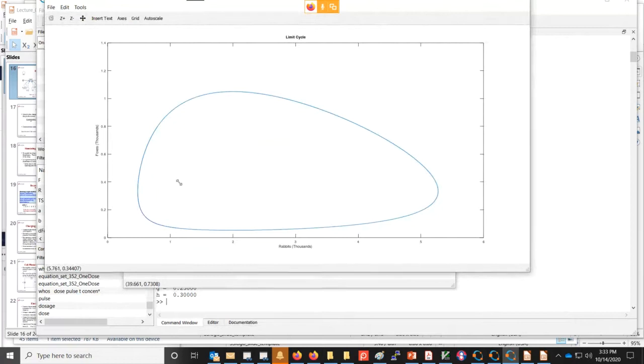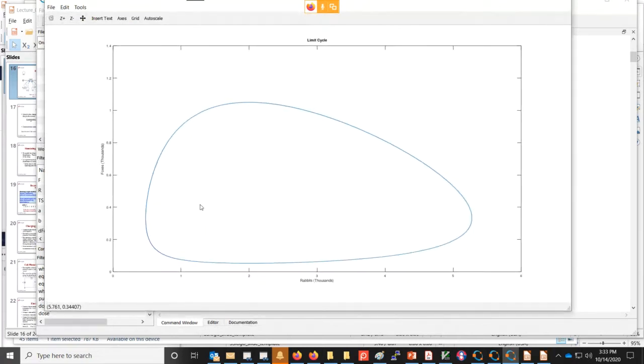Now we get this kind of egg-shaped plot where we're plotting rabbits as our independent variable on the horizontal axis. As the population of the rabbits increases, the population of the foxes starts increasing.